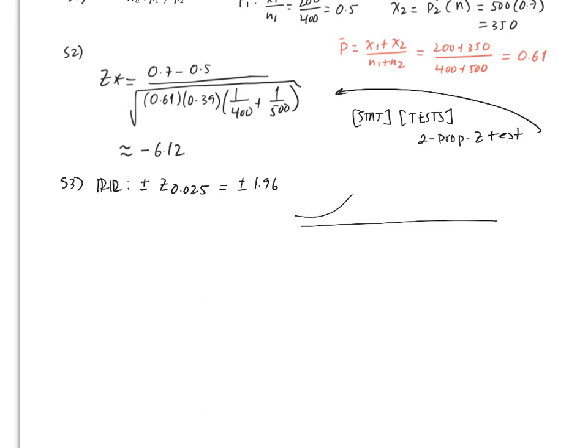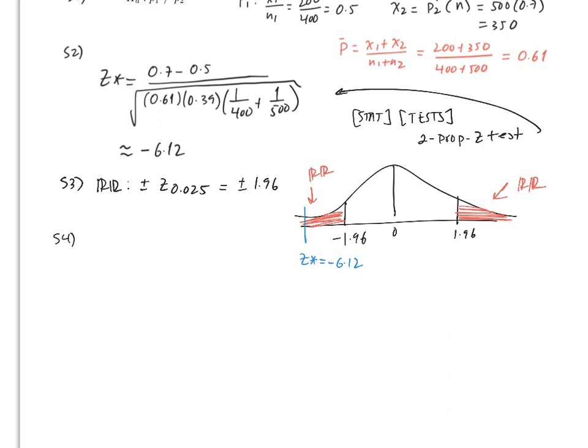Draw the rejection region, just like we did in all the other problems. Make sure you shade the rejection region. So if you are here, you reject. If it is here, you also reject. Okay, the value for Z star is minus 6.12, which is definitely in the rejection region.